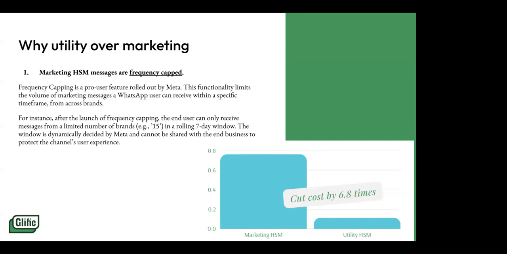They're calling it a pro user feature, meaning it is for users of WhatsApp like you and me, and all other contacts who use WhatsApp as a normal everyday messaging platform.